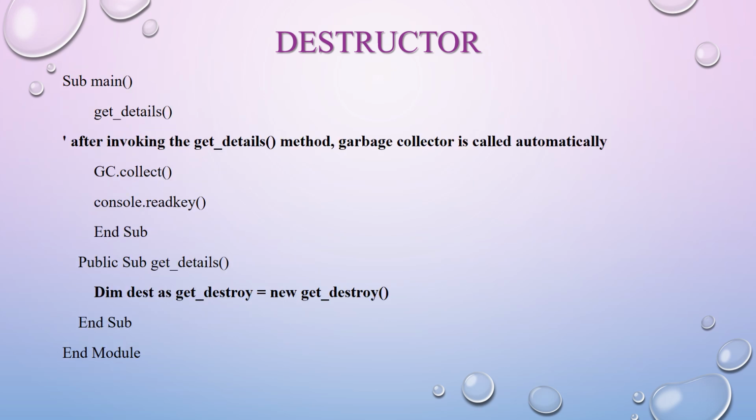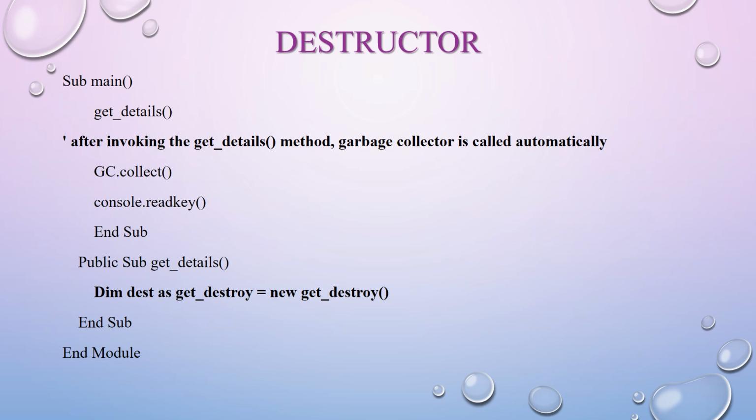In the Main method, we call another method, getDetails. After that, we explicitly call GC.Collect. This forces the garbage collector to run and destroy objects that are no longer in use. Finally, the program waits for a key press.